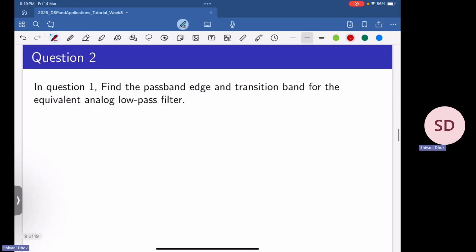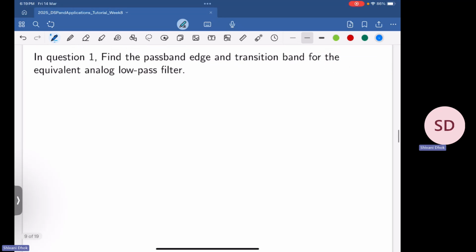Now this says: find the passband edge and the transition band for the equivalent analog low pass filter. Let me write down the specifications that are given to us.